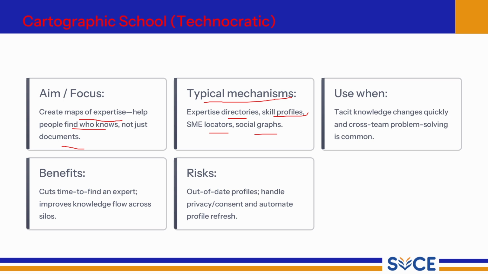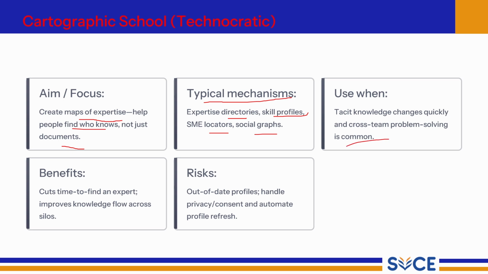It works best when tacit knowledge changes quickly, for example in a fast-moving environment, and when solving problems across teams is frequent. So it is best when knowledge lives in people, not in papers.